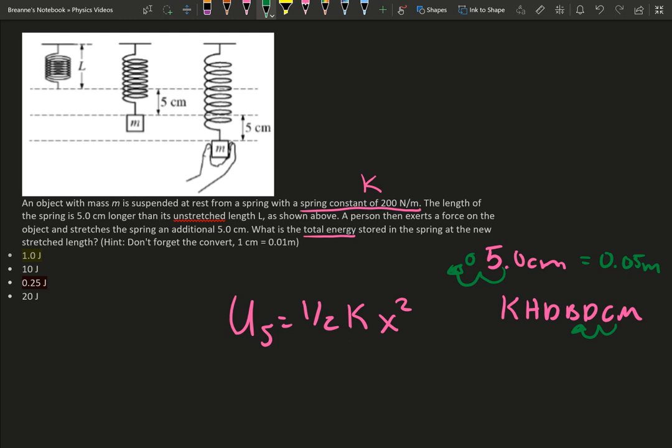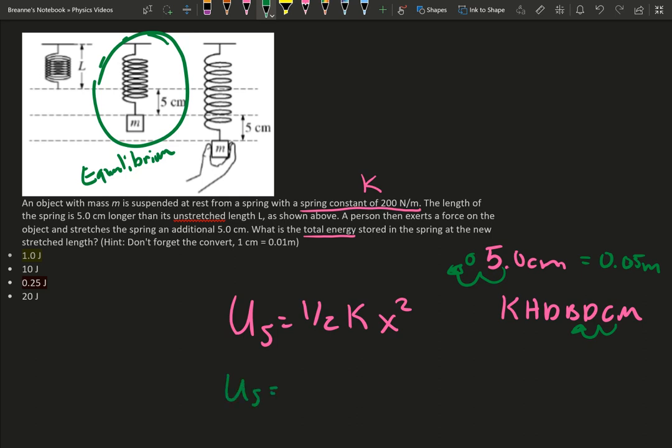And the trick here is where equilibrium is, because it says that the length of the spring is longer than its unstretched length, and then the person exerts an extra force to stretch it. So this right here, it's at equilibrium. So stretching that extra 5, your x is just 5.